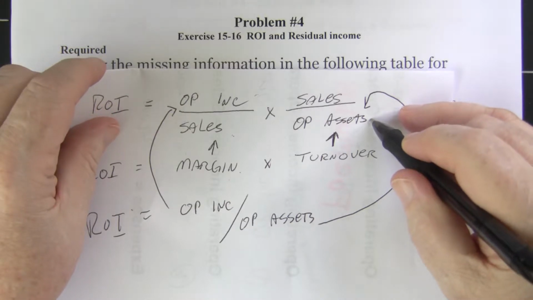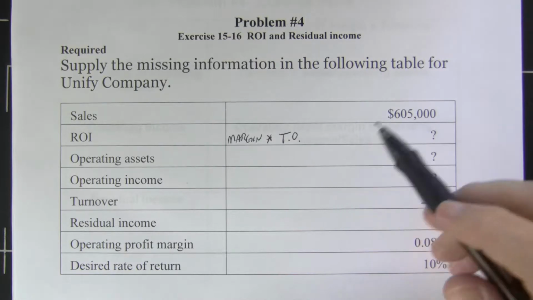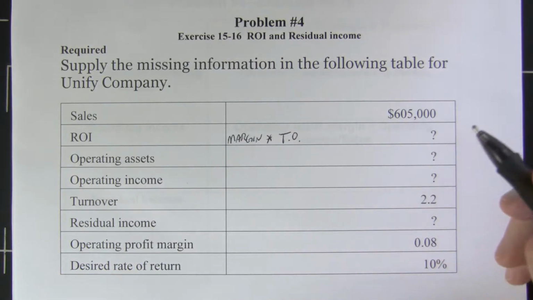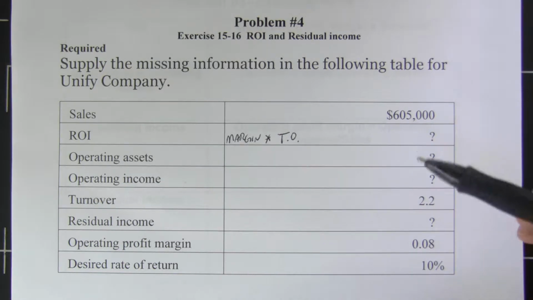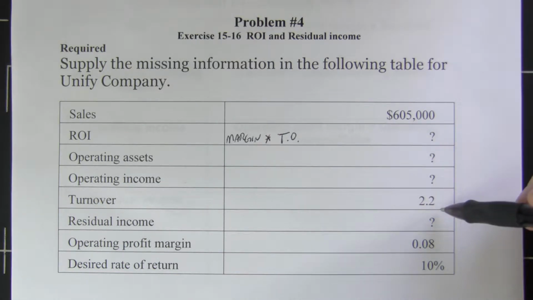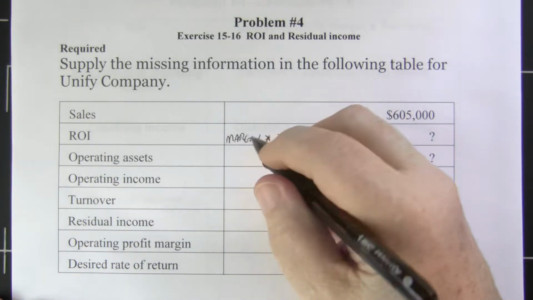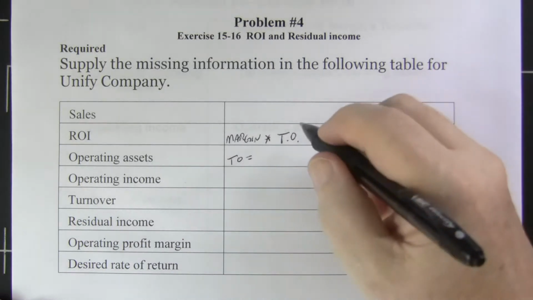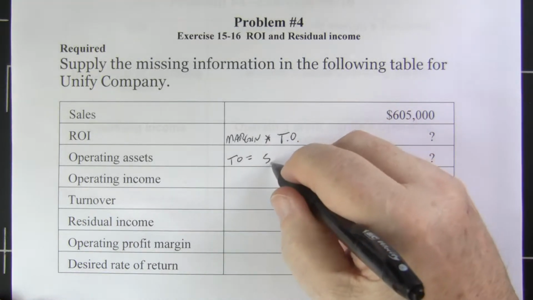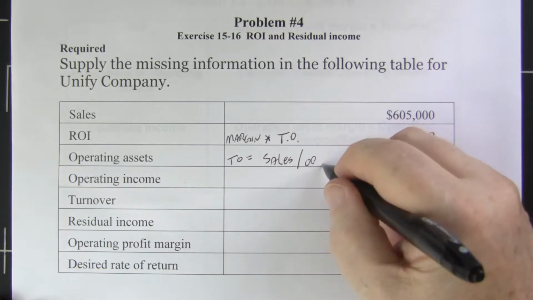So we have turnover. They give us the turnover, 2.2. Turnover equals sales divided by operating assets.